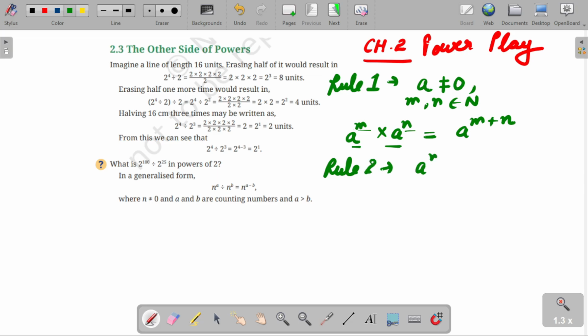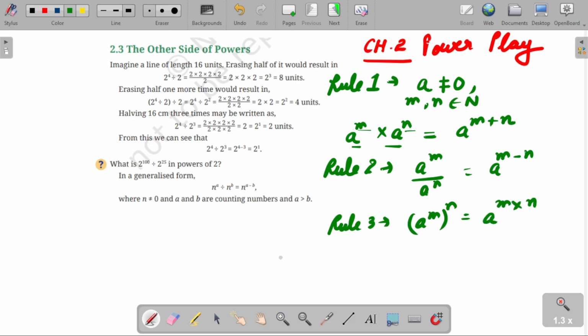Rule number 2: when we have them in divide, then the powers will be subtracted. Rule number 3: when we have two powers, then the powers will be multiplied to each other.